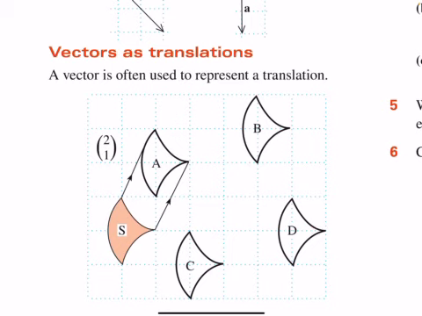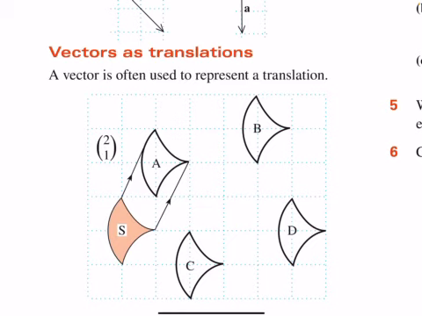No, this is wrong. This is 1, 2. Even if it's vice versa, it's still wrong. So, what is the translation? Here, 1, 2.